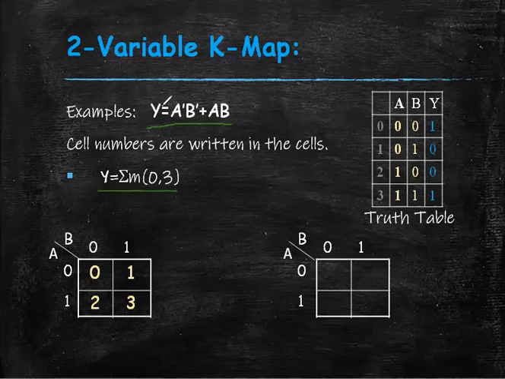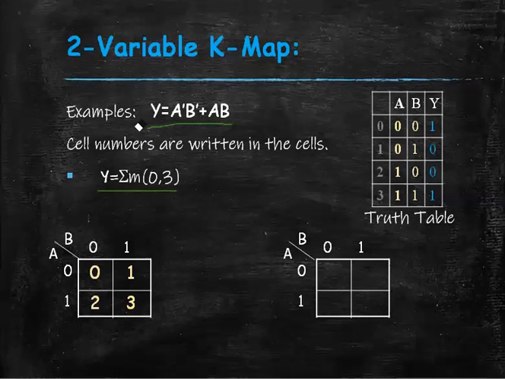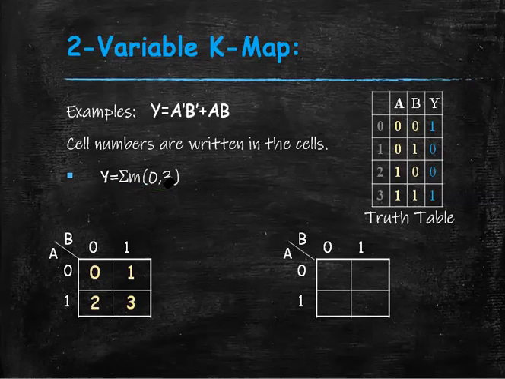from here we know that y is equal to a bar b bar or ab. To obtain a K-map right from here, we have to look at the minterms or the products. Here the product a bar b bar is in the first position.